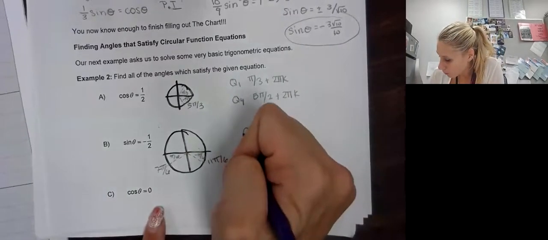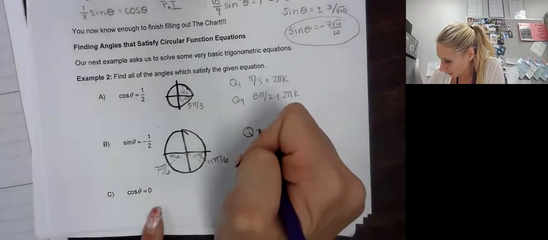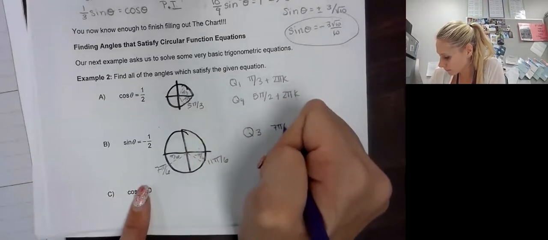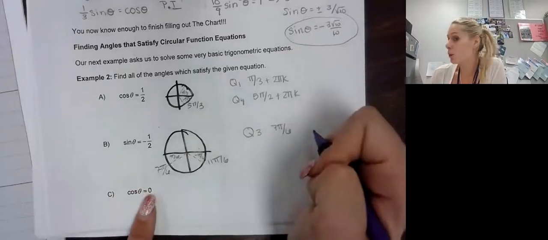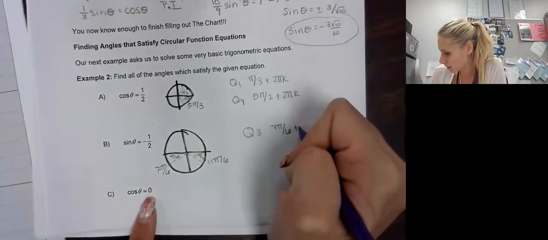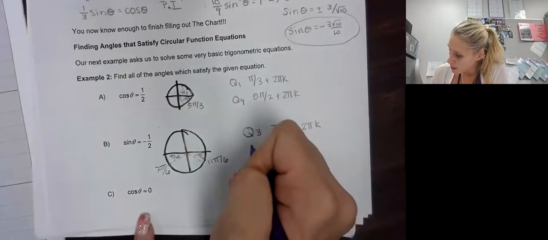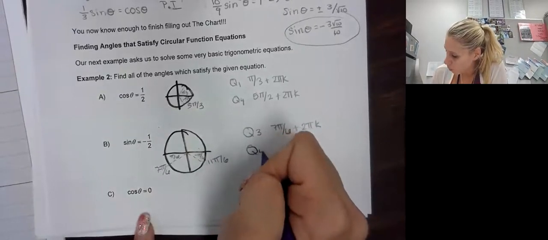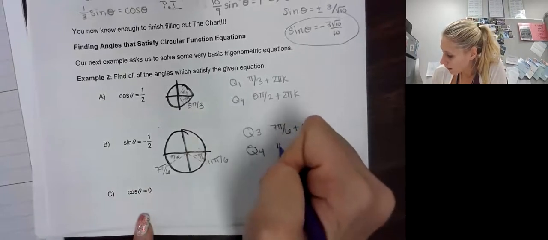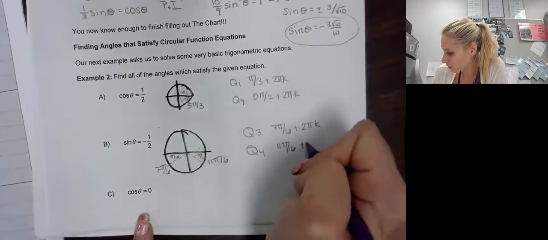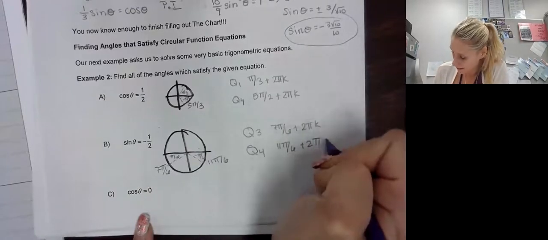We're going to land in quadrant 3, and the way to do that is to take 7 pi over 6, but of course, because we're doing all rotations, we're going to say plus 2 pi k. And then it lands in quadrant 4, so that looks like 11 pi over 6. All rotations is 2 pi k.